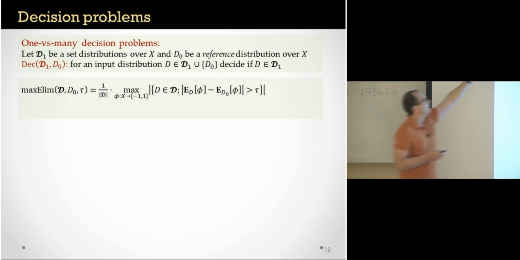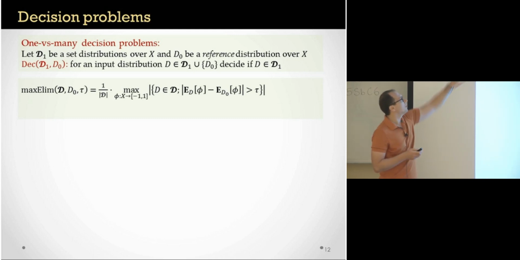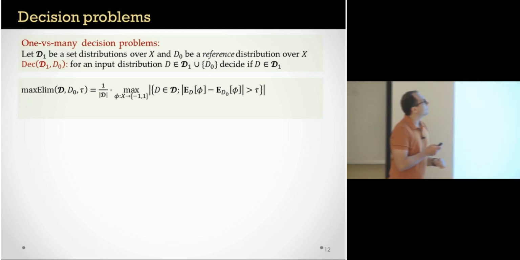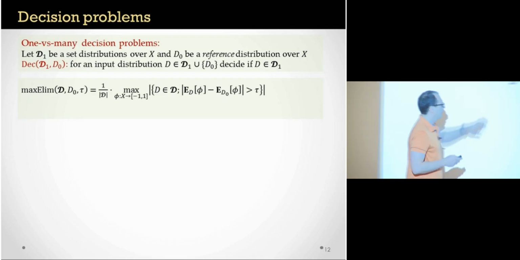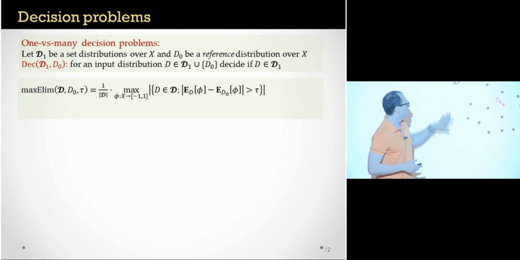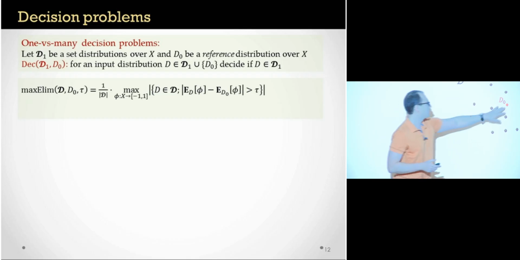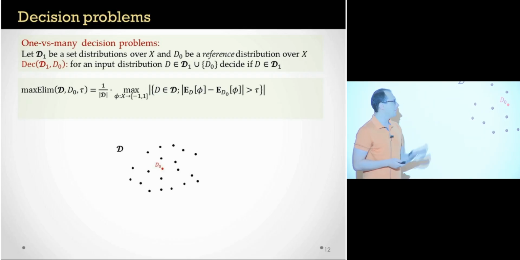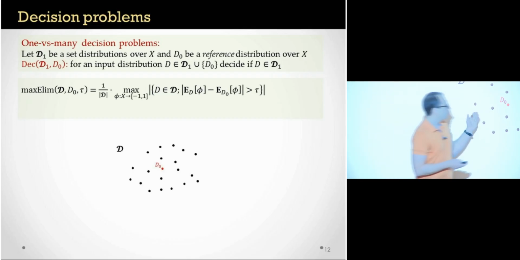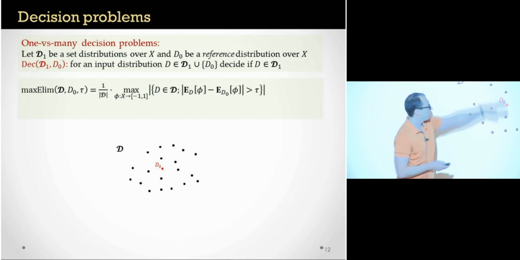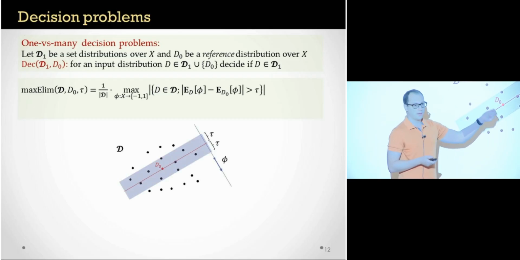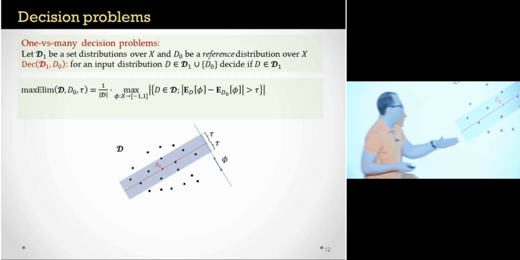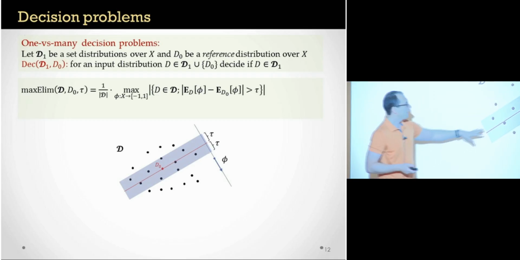First of all, we'll need this kind of maximum elimination notion, which roughly, it's not so important what the formula is. Let's say this is the set of your distributions, all in script D. This is the reference distribution. You can think of every query as some sort of projection or as a measurement on the set of distributions, which allows you, by looking at the result of a query on a distribution, to distinguish between the reference distribution, this D0, and other distributions.